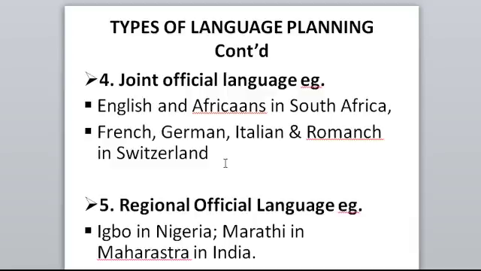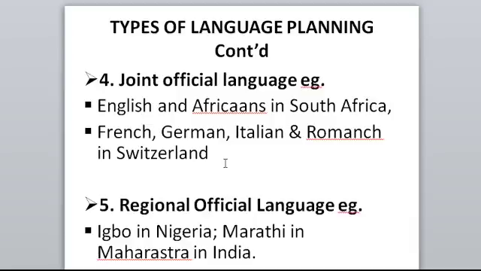Then we have the joint official language. This is where you have two or more languages occupying the same status and having the same function. For example, English and Afrikaans in South Africa.